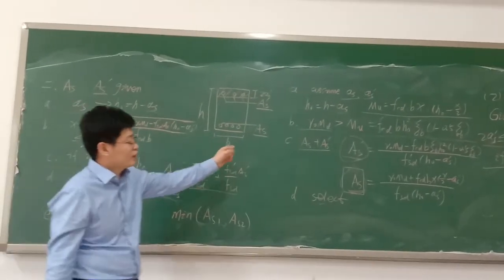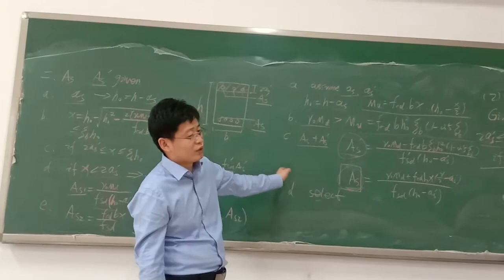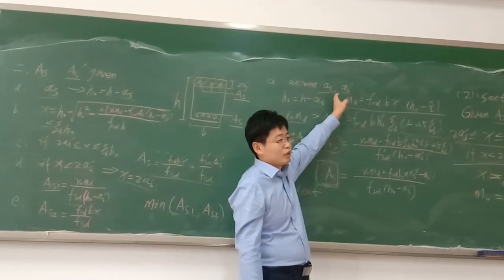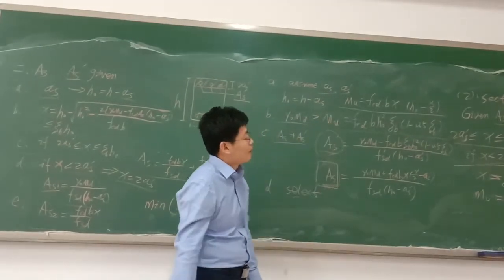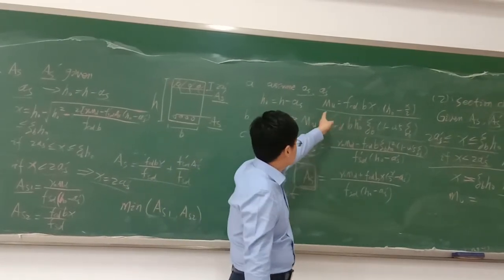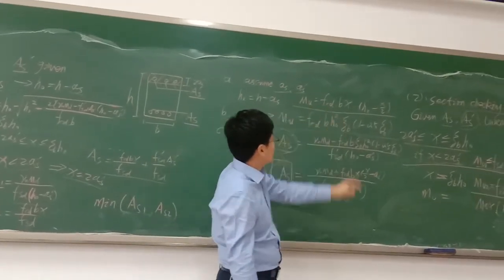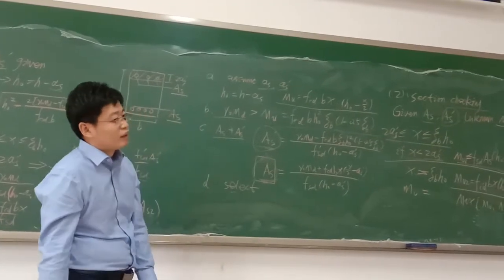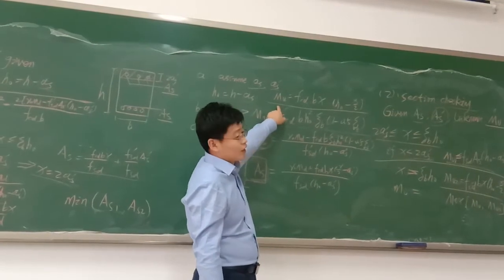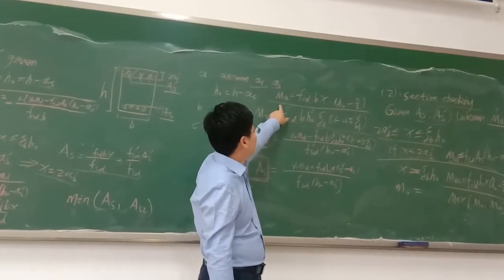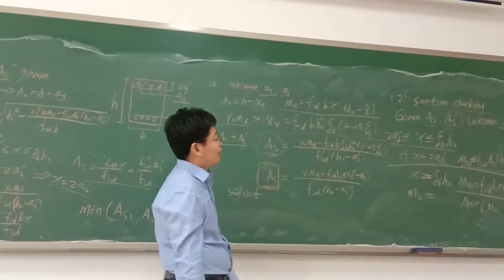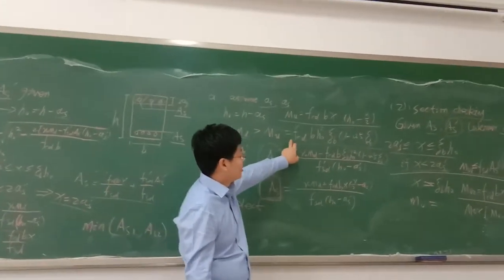For this situation, you need to assume two small values, a_s and a_s prime, and then once you get h0, we use this basic formula. How did we get this formula? Actually, it's this one.